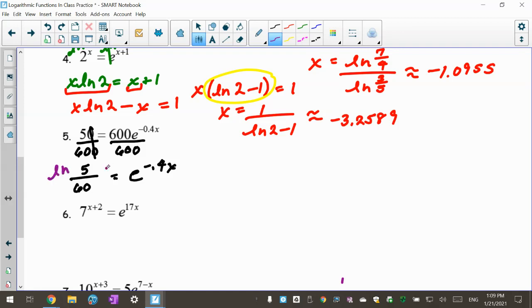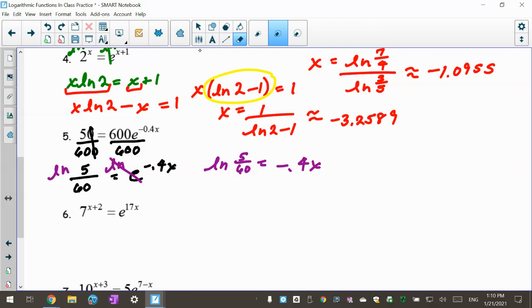I'm going to start natural logging both sides, and when I get this side, I have a base e. I can say thanks for playing, and it cancels out, undoes that. So I have the natural log of 5 over 60 equals negative 0.4x. Okay. And then I'm going to go over here and divide by negative 0.4.